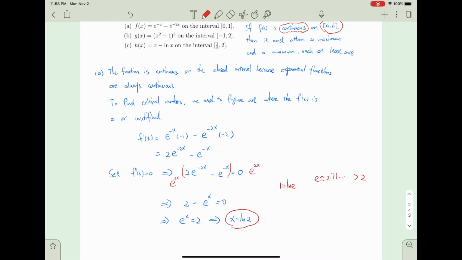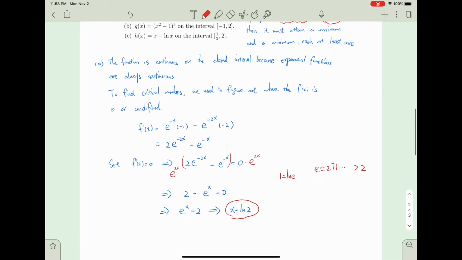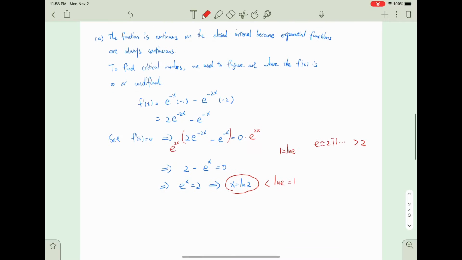And we know that ln is an increasing function, so the greater the input, the greater the output. Since 2 is less than e, the input is less, so the output is less. So ln2 is less than ln e, which is equal to 1. So we know that ln2 is inside the interval 0 and 1, and therefore it is one of the critical numbers.